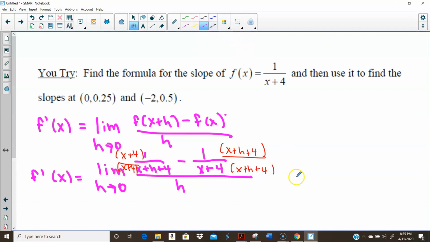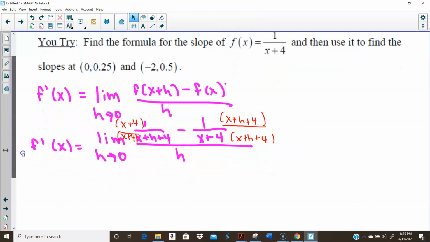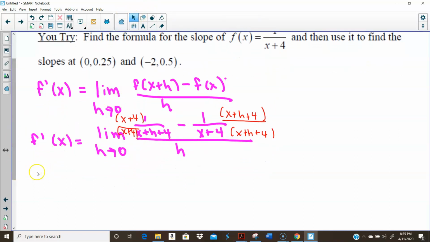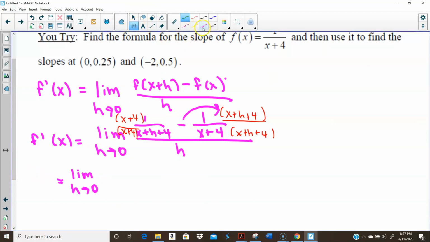So now, when I have a common denominator, and let me scroll down, I really need more room. Okay, let's see what we have. x plus 4 times 1 is x plus 4.